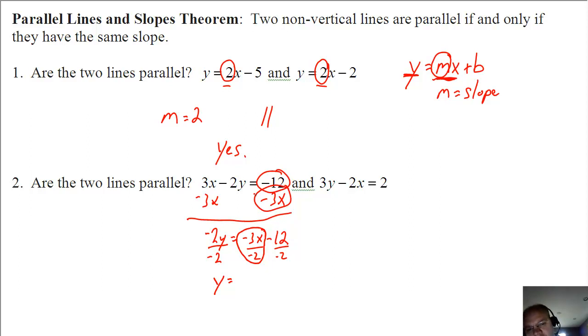Negative 3x over negative 2: negative 3 over negative 2 is just the same as 3 over 2, because those negatives cancel out, and I put the x next to it because I'm still multiplying by x. Negative 12 over negative 2 gives me a positive 6. I'm circling the slope, so the slope of this line is 3/2.